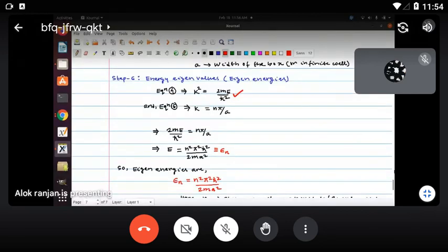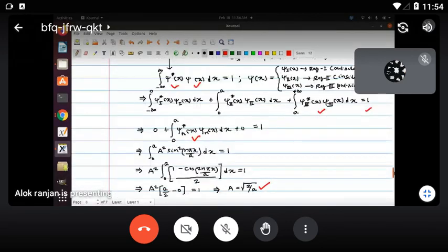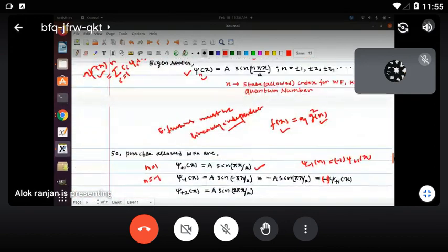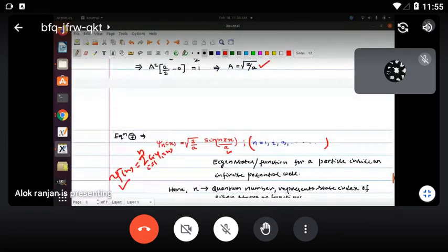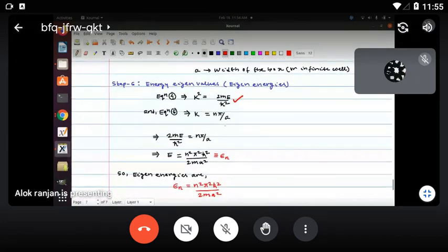And then we have already got k equal to n pi over a. So these two equations appear automatically when you solve the Schrodinger equation. Combining this, it will be equal to n square pi square h bar square over 2m a square.